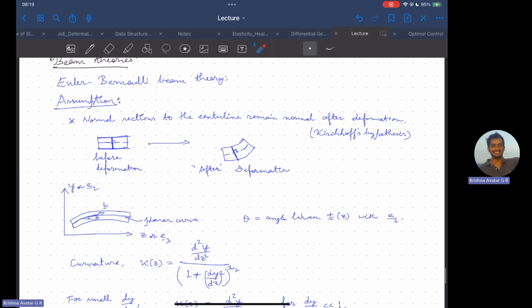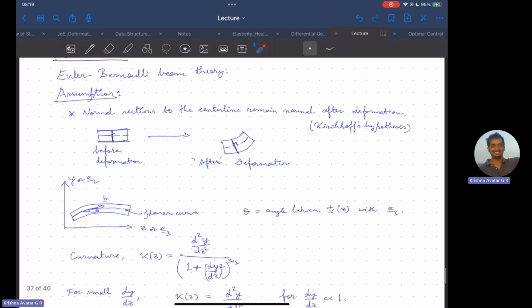And then we see that the cross section is still locally perpendicular to the center line. This is what we call Kirchhoff's hypothesis, as mentioned here, and that is a very important aspect of Bernoulli beam theory.